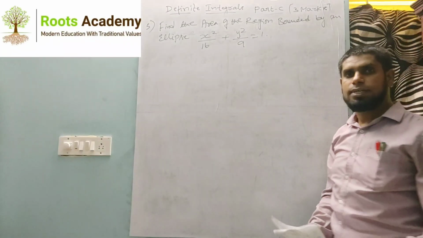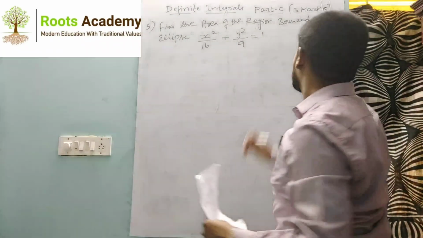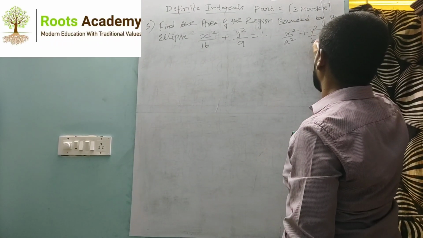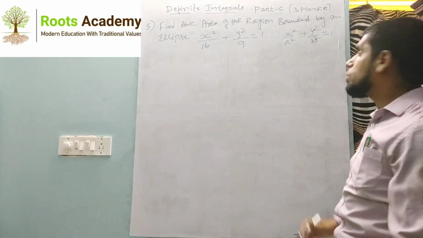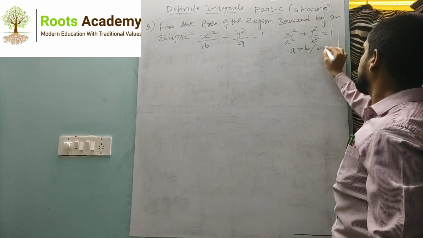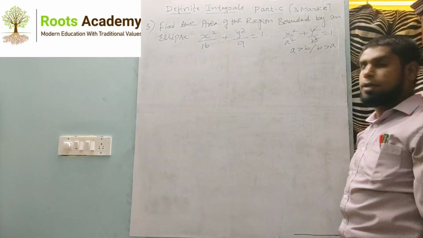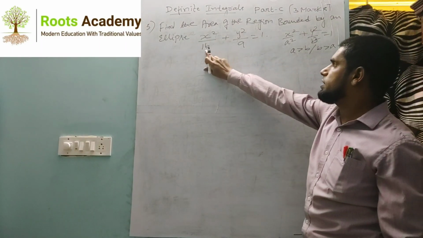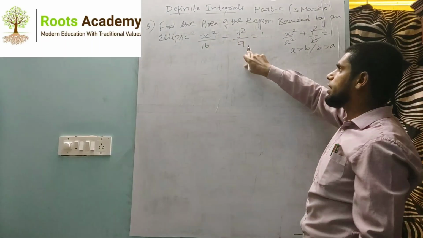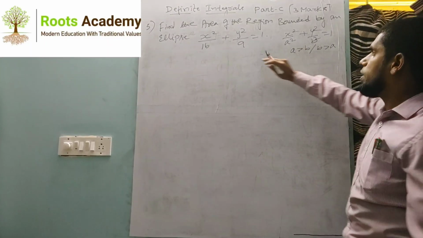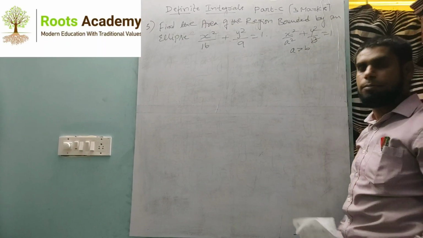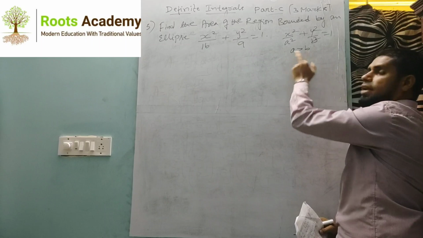In first PC, we studied that the ellipse standard equation is x square by a square plus y square by b square is equal to 1. There are two cases here: A is greater than B or B is greater than A. So here, if we see the denominators, x square divided by a square, y square divided by b square, and compare, the given ellipse is in the form of a greater than b.